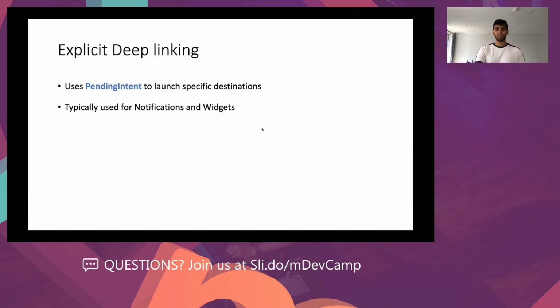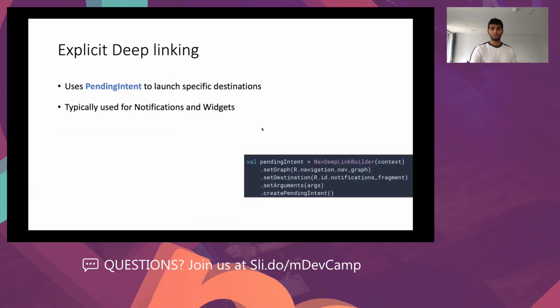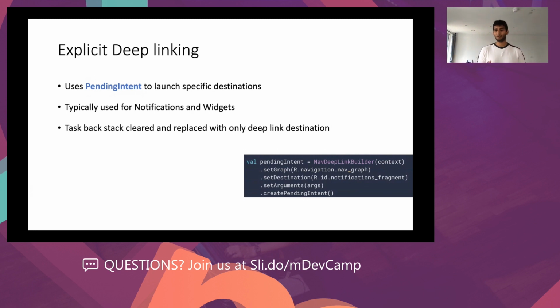So explicit deep linking is when we use a pending intent to launch the destination. So this is the deep linking that we use when launching a destination in your app from a notification bar or a widget. So any place where you want to use a pending intent is where you would be using explicit deep linking. And the navigation component has a tool to build pending intents using the nav deep link builder.